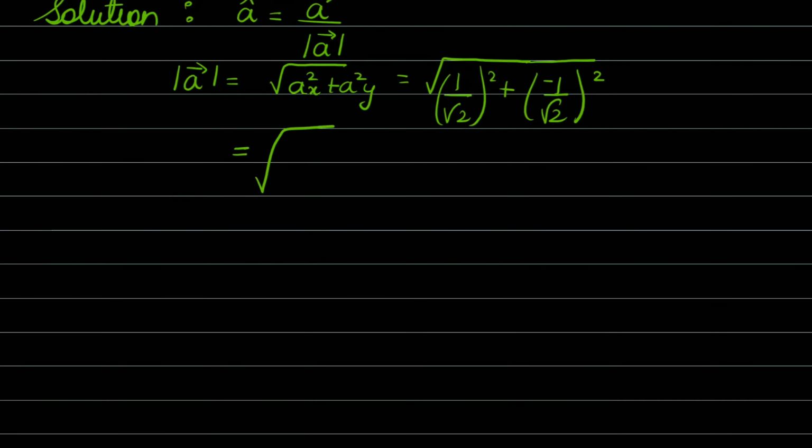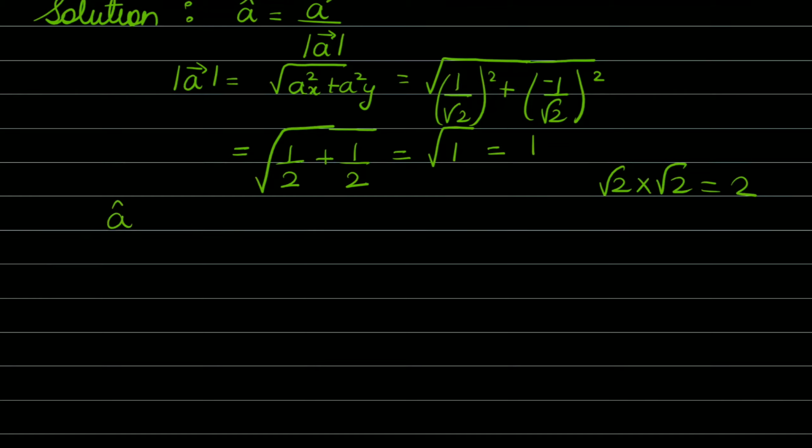You know that root 2 into root 2 is 2. So squaring root 2 in the denominator, we get 1 divided by 2 plus again 1 divided by 2. Adding 1 by 2 plus 1 by 2 gives 1. So we have got the magnitude of A vector as 1.